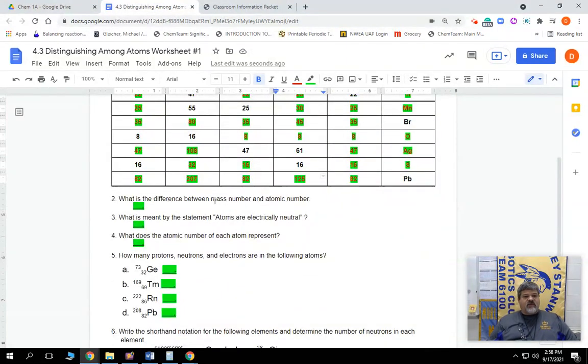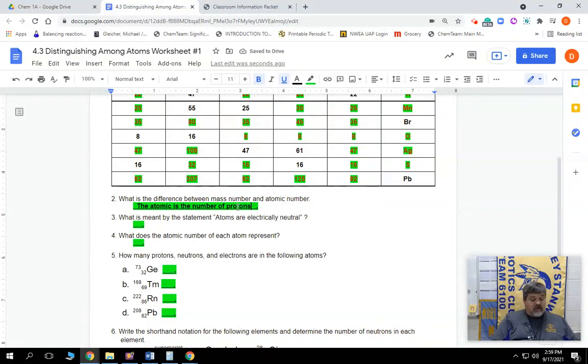So what is the difference between the mass number and the atomic number? Okay, the atomic number is the number of protons.